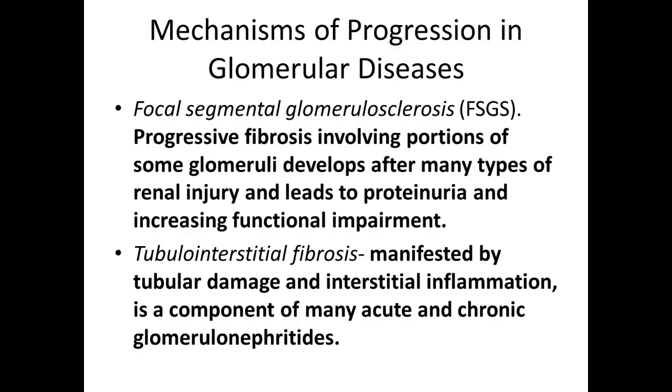Mechanisms of progression in glomerular diseases, guys, can develop in two patterns. One is focal segmental glomerulosclerosis (FSGS) with progressive fibrosis, which leads to damage of some glomeruli after many types of renal injury, and of course leads to proteinuria and increasing functional impairment.